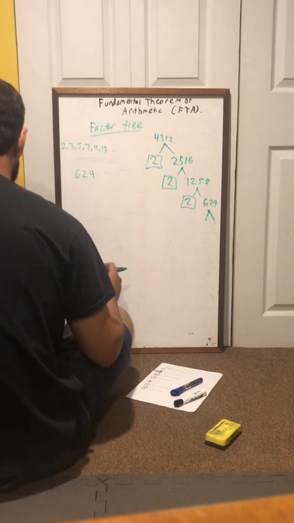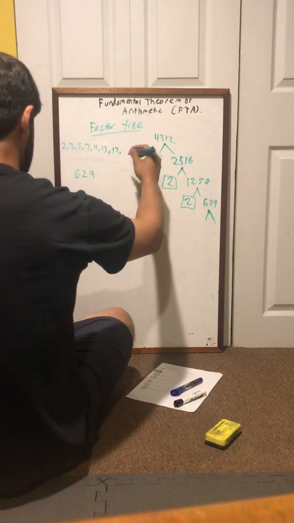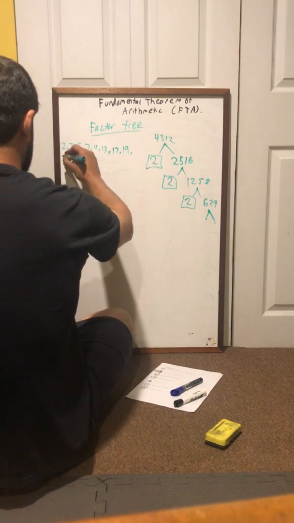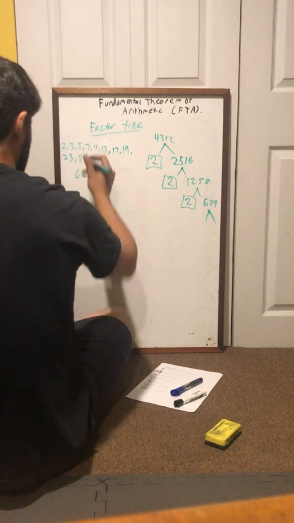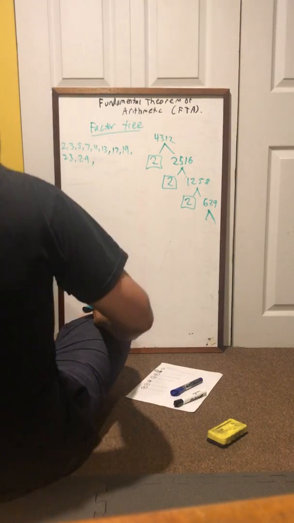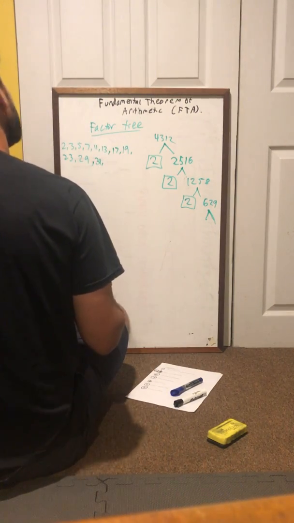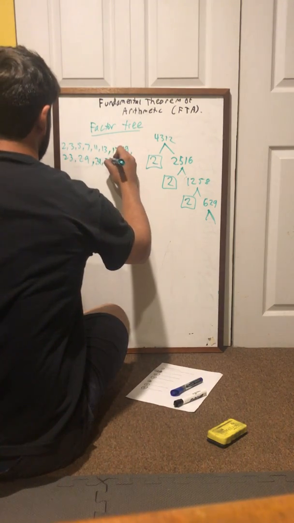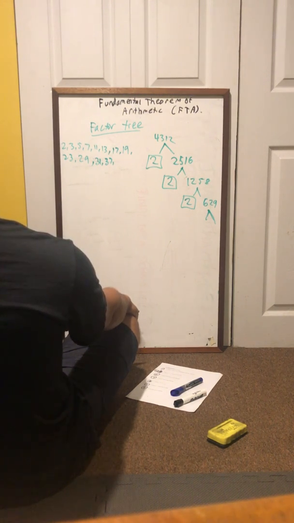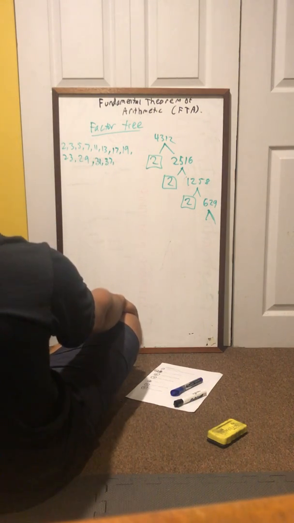Let's write out some more primes here: 17, 19, 23, 29, 31, 37.